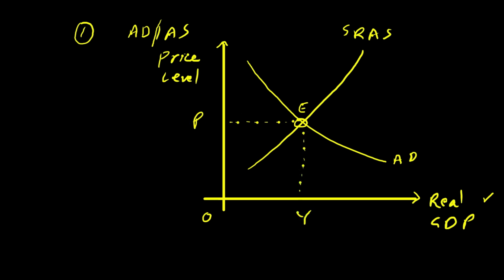Now you have to show the changes in this equilibrium price and quantity as well. It depends upon the type of government policy used to achieve multiple macroeconomic objectives, and policies are divided into demand side and supply side policies.